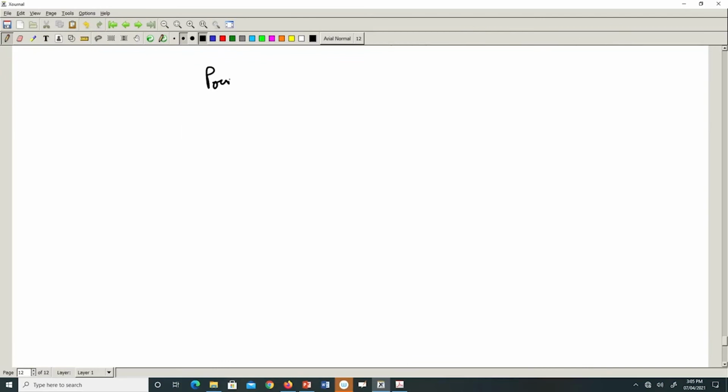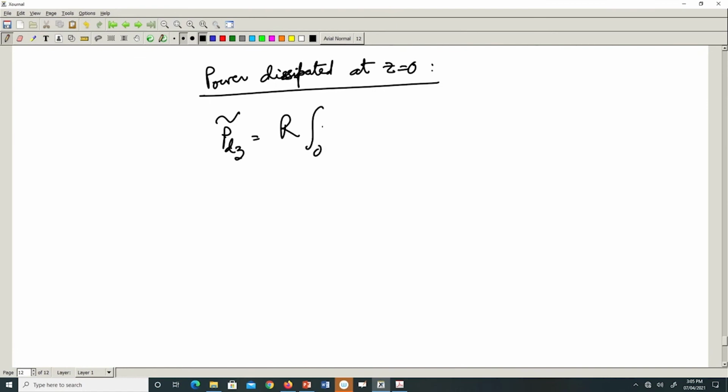So, now for the third surface, power dissipated at the surface z equal to 0, P d 3 tilde is R integral 0 to b, 0 to a, h y square dx dy, because at z equal to 0 the only tangential magnetic field component is h y, h x being 0.